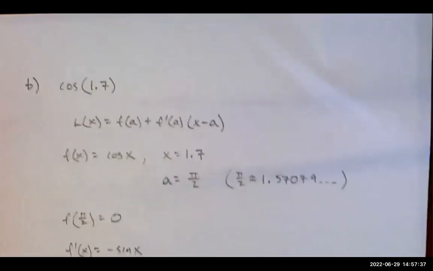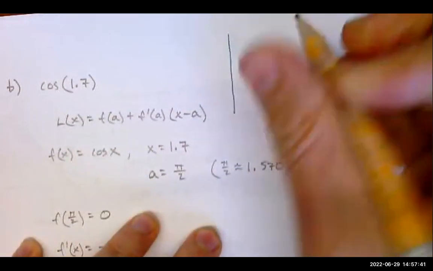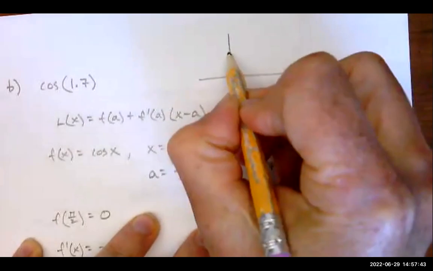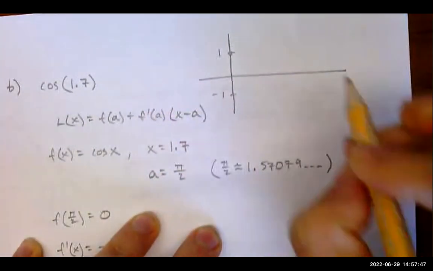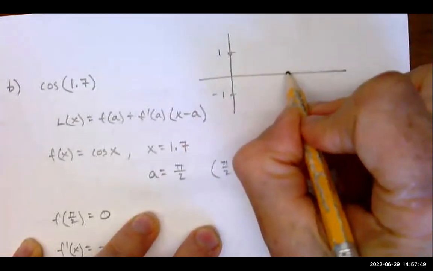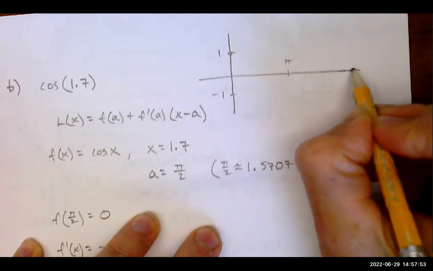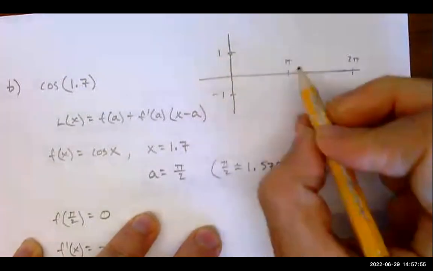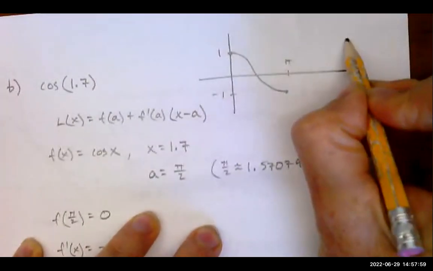Okay, let's check it out for the cosine. Cosine 1.7. Okay, so for this drawing, now cosine, let's see, 1, -1. The cosine starts up here, and let's say this is at pi, something like that. Here's 2 pi. So it drops down like this.